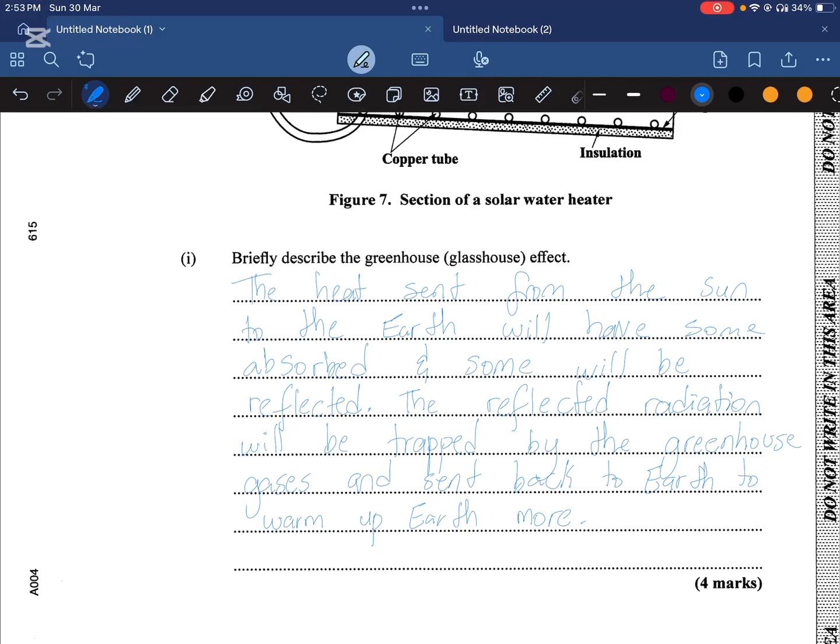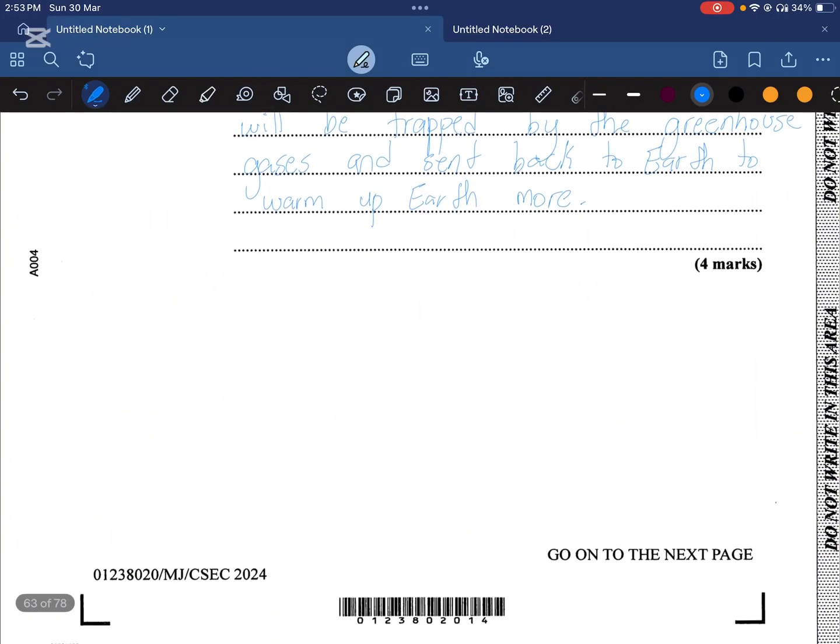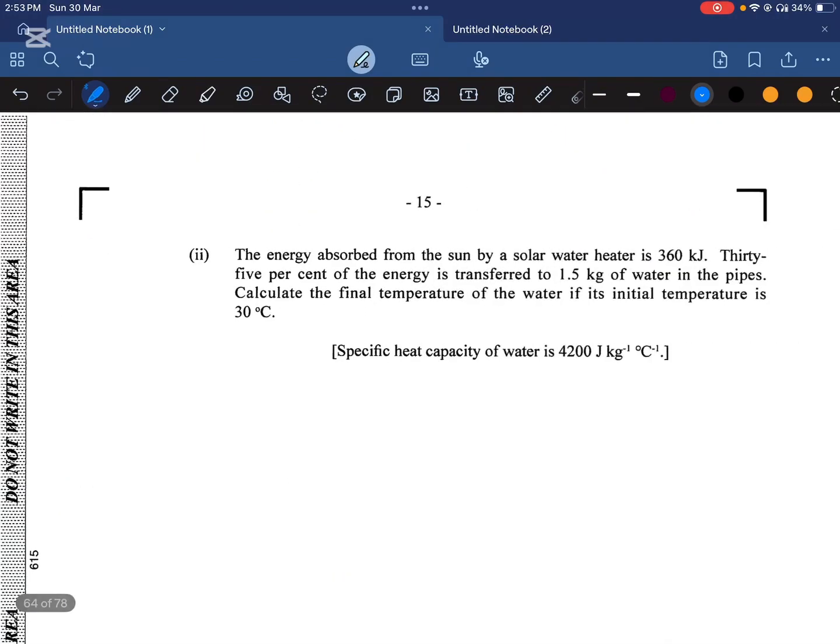So instead of that reflected radiation escaping back into space, the extra greenhouse gases will absorb the heat and send it back to Earth. So Earth now becomes hotter than it should.